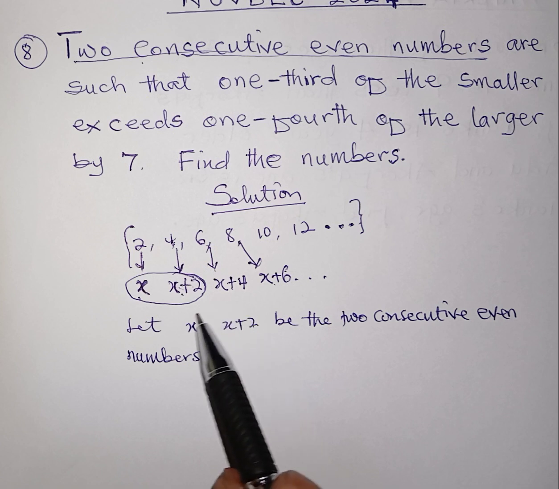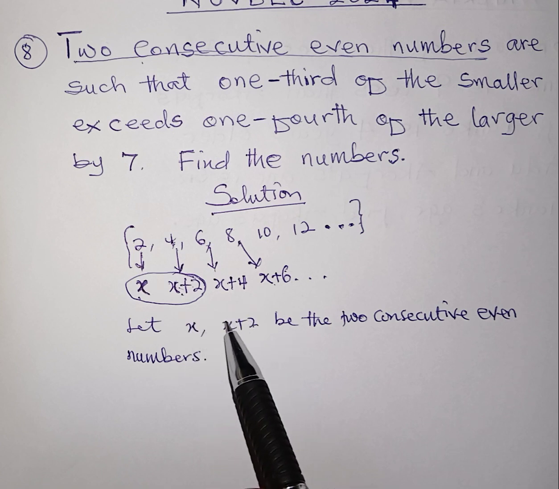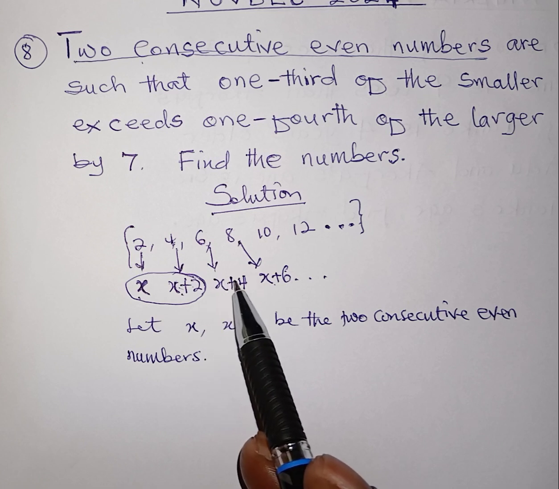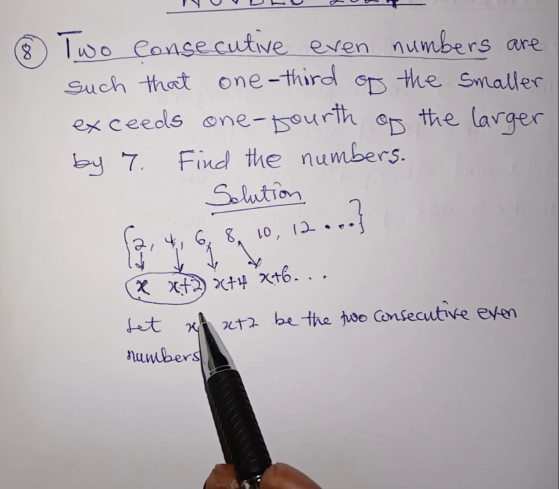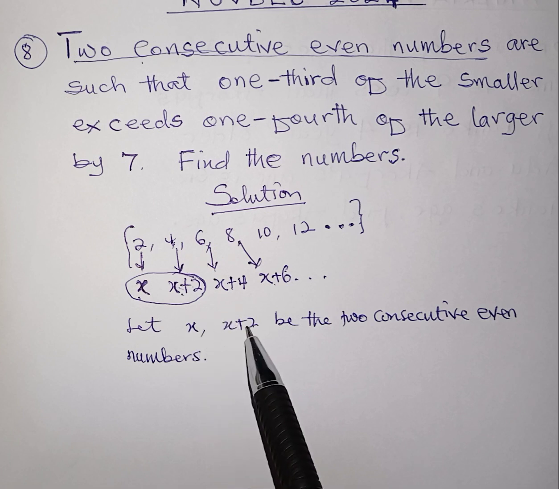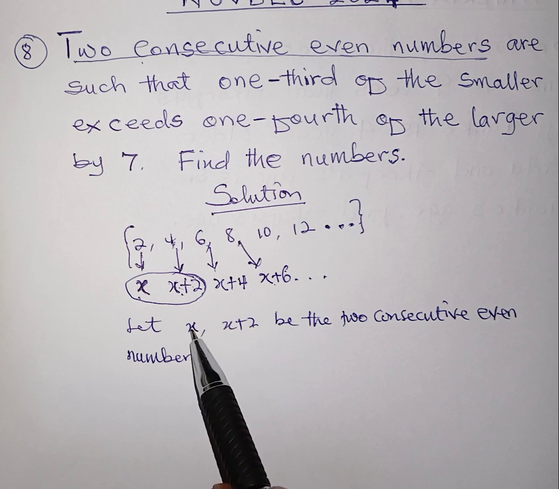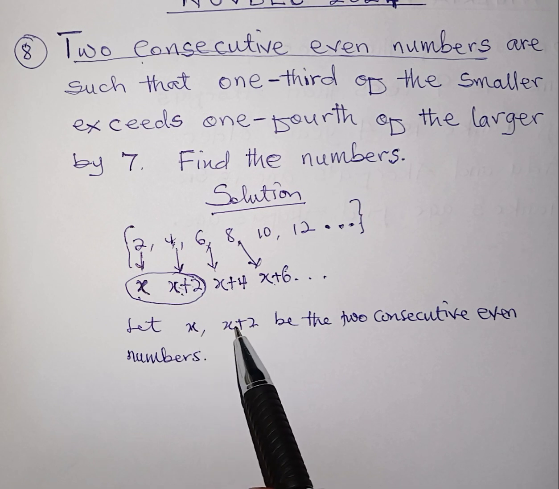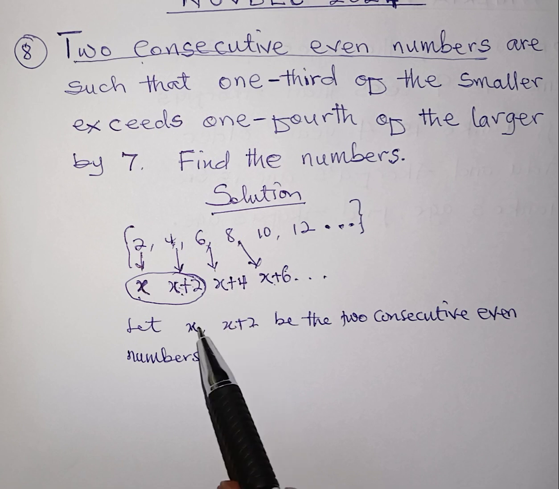Yes, because I'm using only these two doesn't mean that that's the only even numbers we have. I can move on, but for the purpose of the question says only 2 consecutive, so we are dealing with only these two. If I'm talking about these two, then the first becomes my smallest and the second one becomes my larger. This one is larger than this.